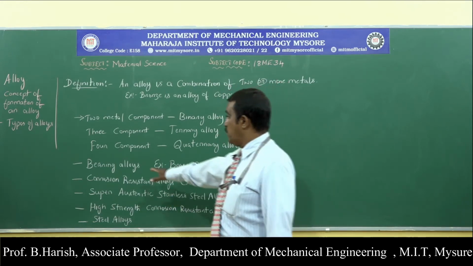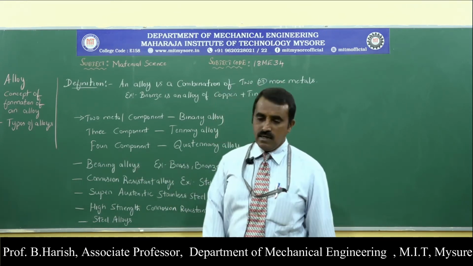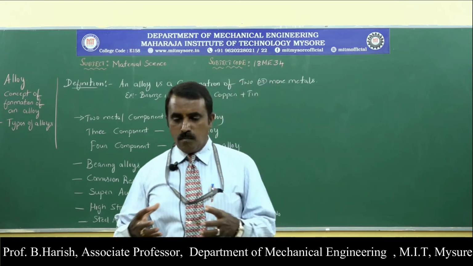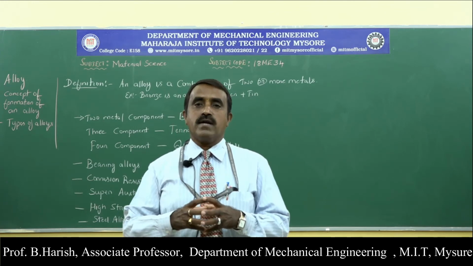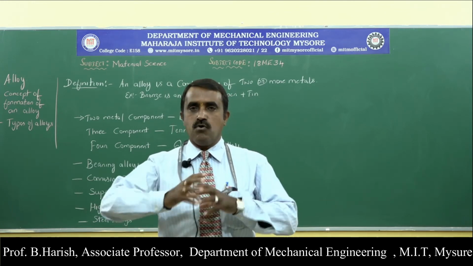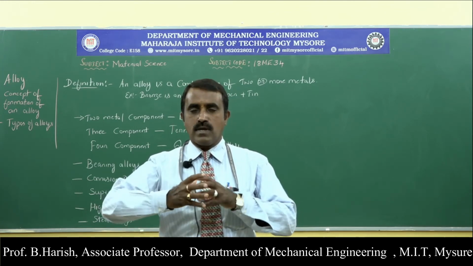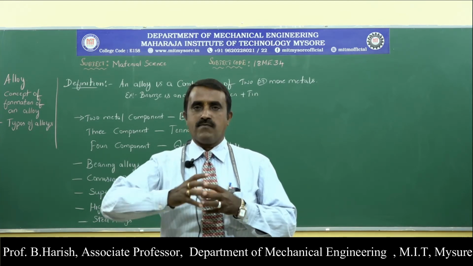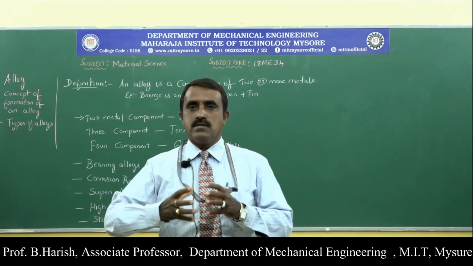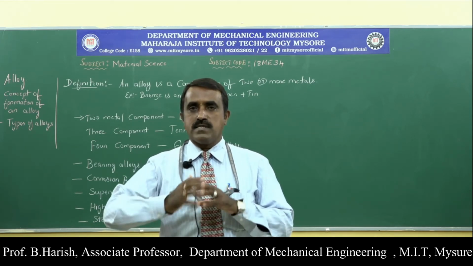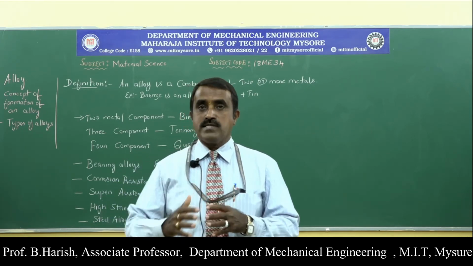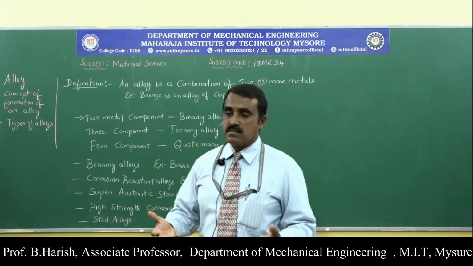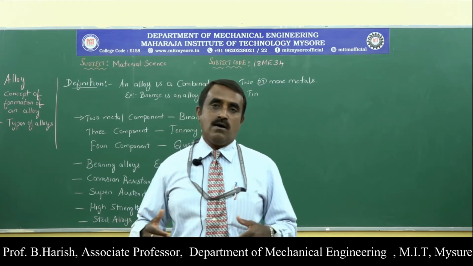The first one is bearing alloys. If you take any 2 components which are in sliding contact, where one slides over the other, for example a shaft sliding over another component, there will be contact with each other, due to which the metal wears out very quickly.